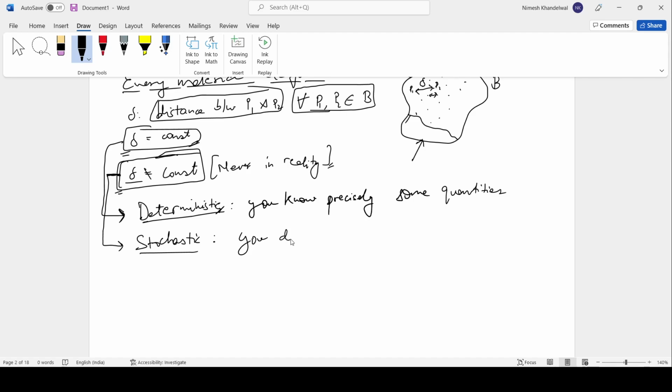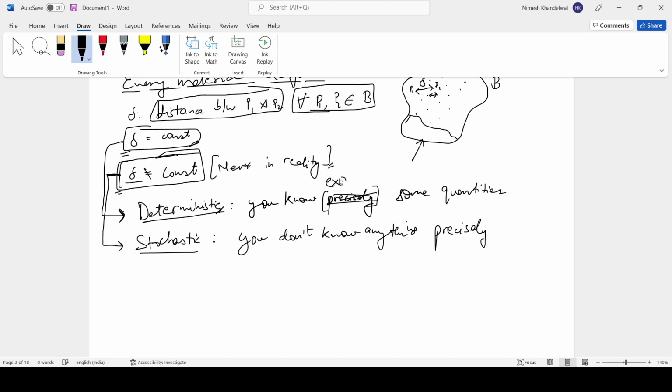Okay, and basically a stochastic model says that you don't know anything precisely, correct? You know very well how something will behave, but you don't know exactly. So this word, precisely, I should not use here.